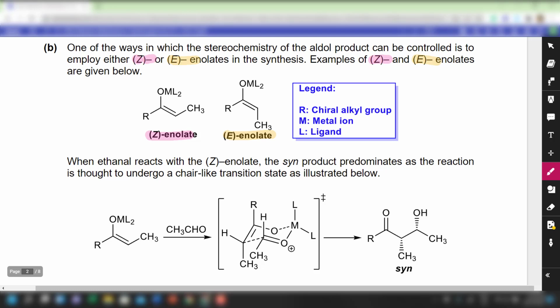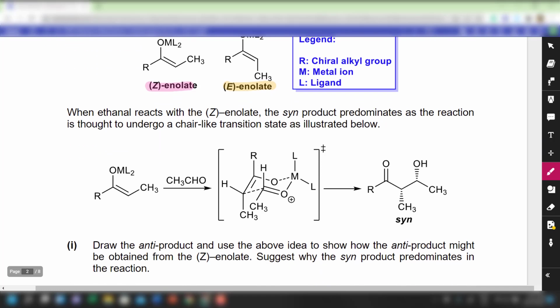Like for example, water is a ligand to most of the transition metal aqueous ions. Okay, but never mind about that, because since it's predefined for you, all you need to do is just to go through the pictures, the diagrams given below, so you can understand a little bit about what's going on.